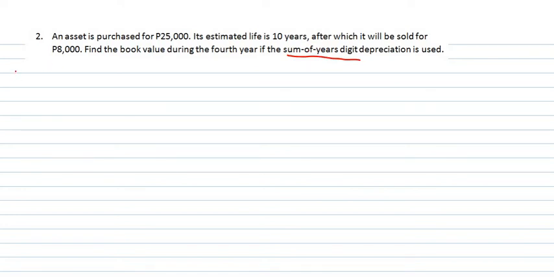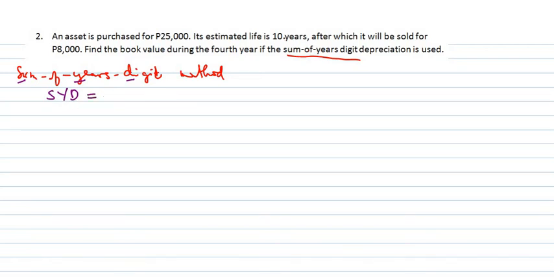So this is the sum of years digit method. We will discuss this method first. In the sum of years digit method, we first compute the sum of years digit, SYD.